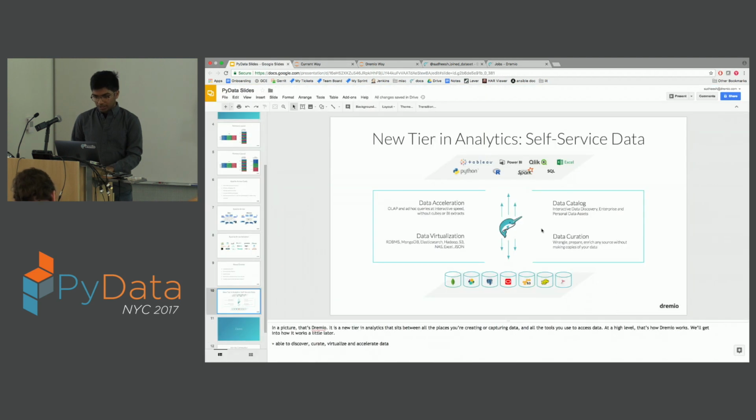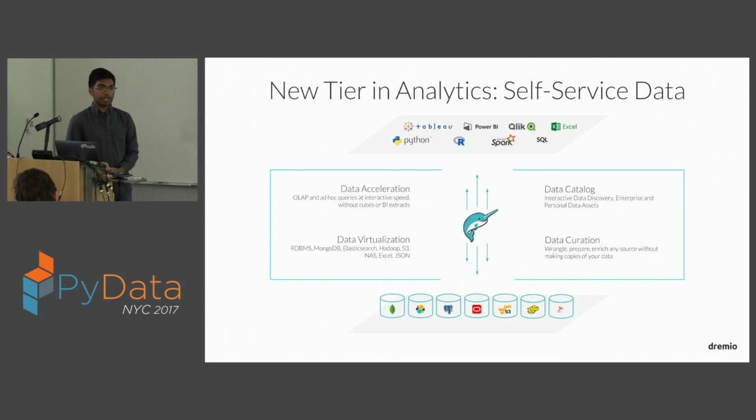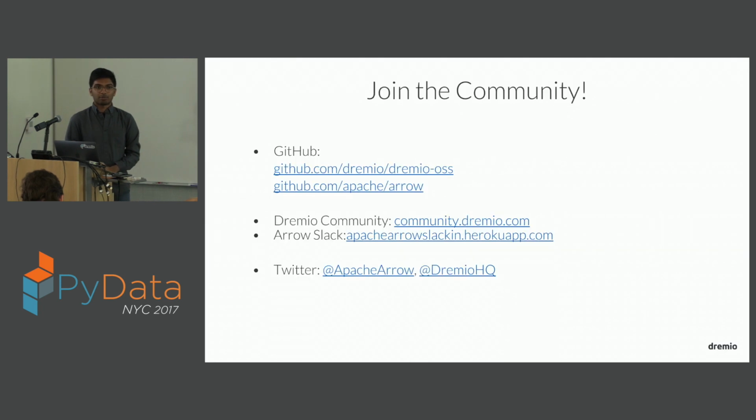So yeah, that's Dremio. We are a tier that lives between applications and your data sources, and this allows you to access any scale of data or any type of data from your Python application.